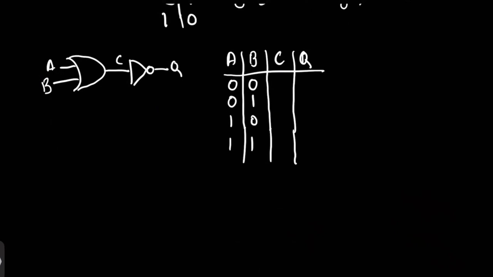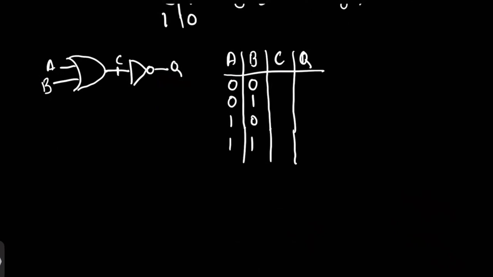So if this is an OR gate, what would C be if both of them are 0? Yeah, it's an OR gate, right? Because it has that curved type of shape on it. So what do you think we'd get for C then? 0. C has to be the output after the gate.